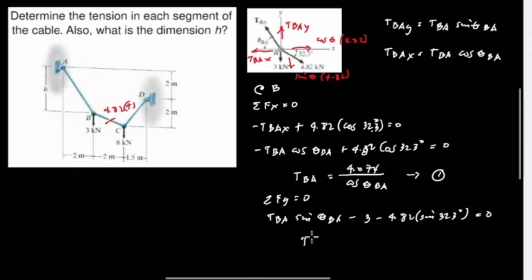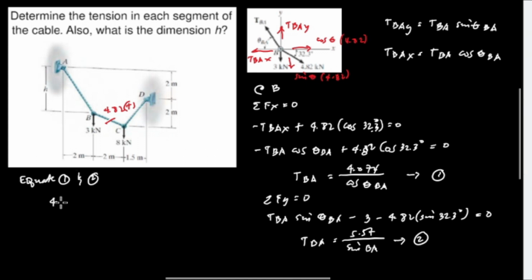And simplify, so TBA is equal to 5.57 all over sine theta BA, and that's equation number 2. Equate equation 1 and 2.